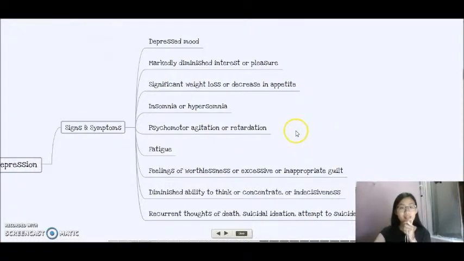For example, depressed mood, markedly diminished interest or pleasure, significant weight loss or decrease in appetite, insomnia or hypersomnia, psychomotor agitation or retardation, fatigue, feelings of worthlessness or excessive or inappropriate guilt, diminished ability to think or concentrate, or indecisiveness. And the last one is recurrent thoughts of death, suicidal ideation, or attempted suicide.